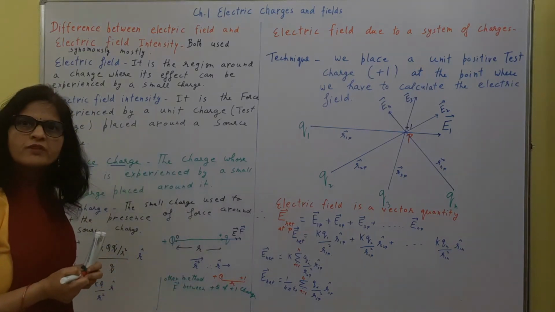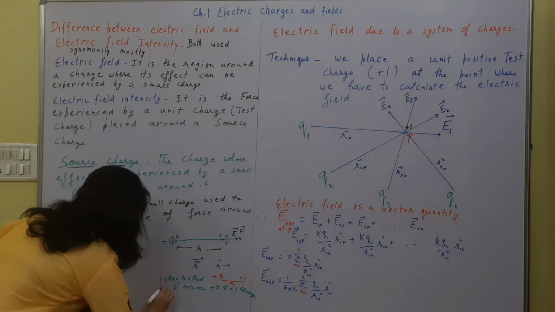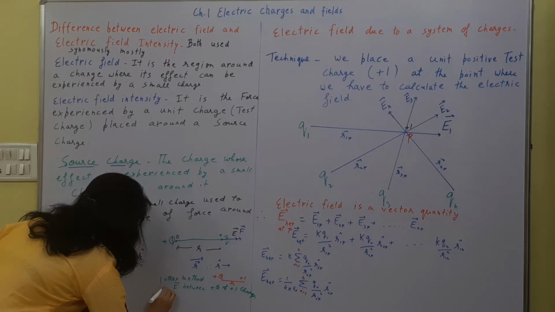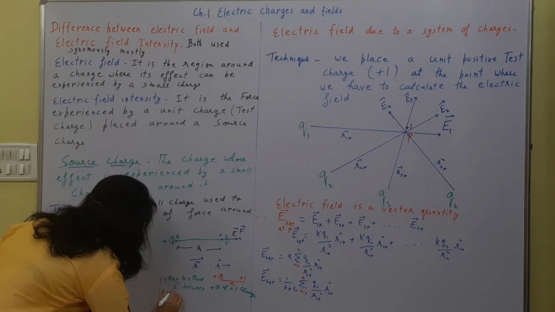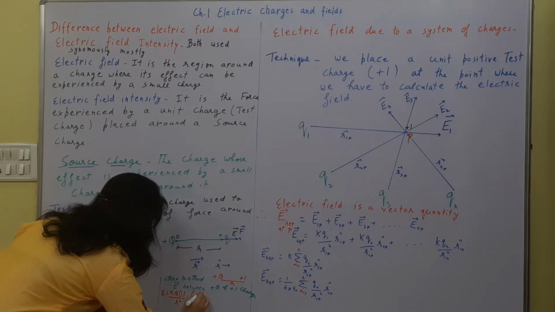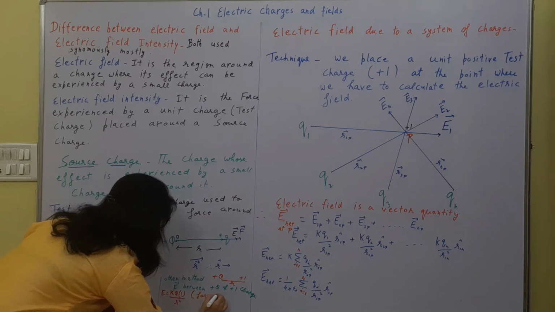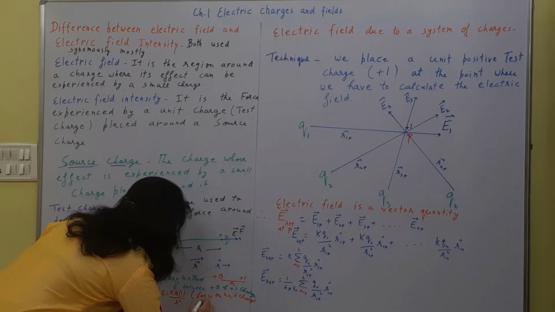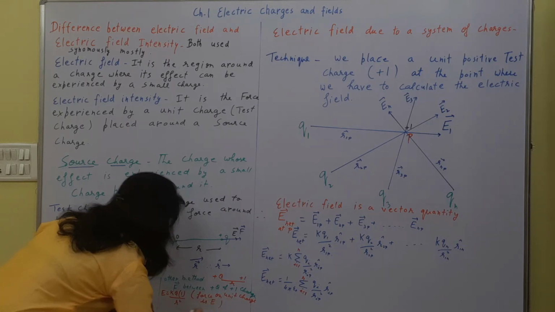So this F will be the force on unit charge, which is electric field. So I'll write first, the formula for force is K Q into 1, and this will be force on unit charge, which is electric field, right?